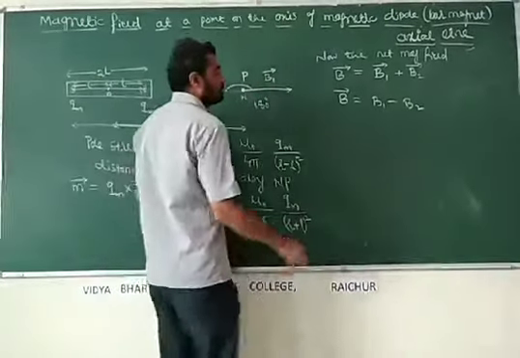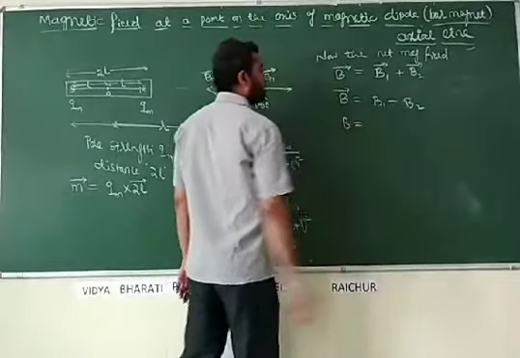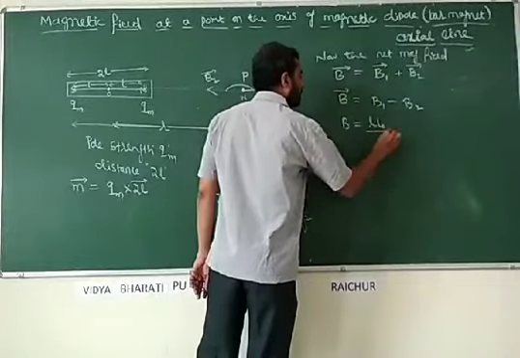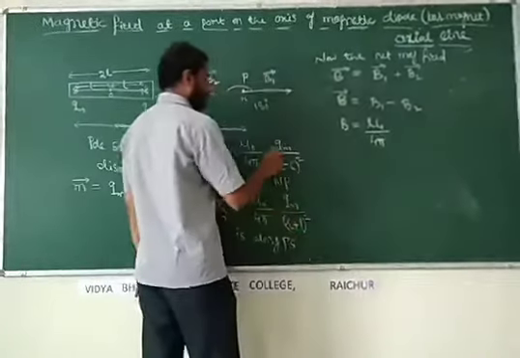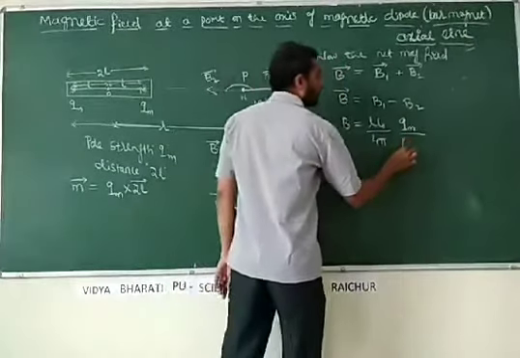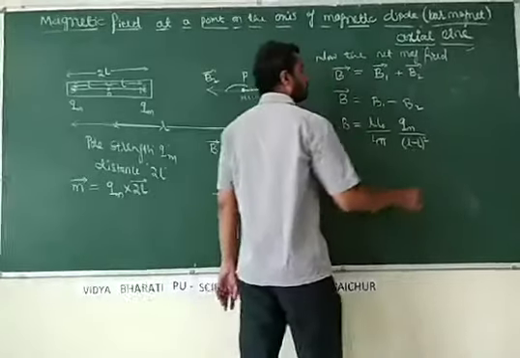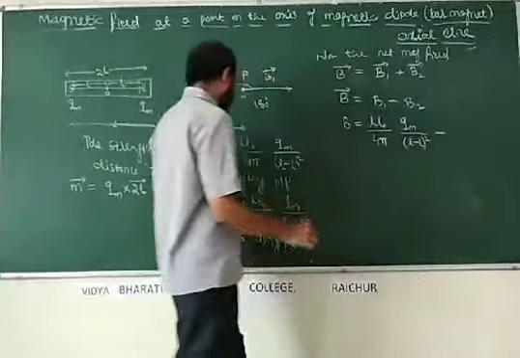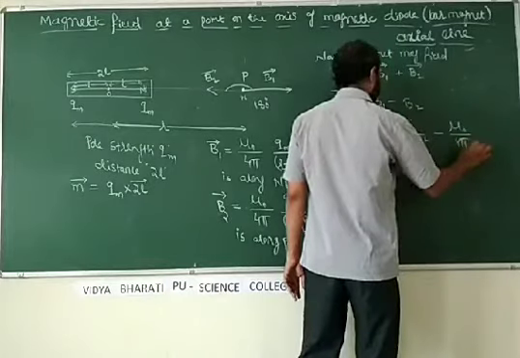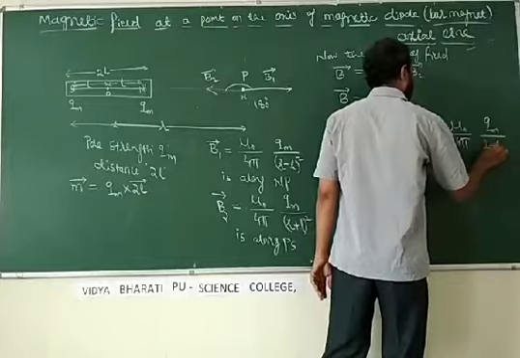B1 minus B2, and B is the resultant field. What is B1? Here it is mu naught by 4 pi, qm by (r minus l) whole square, minus B2, which is mu naught by 4 pi, qm by (r plus l) whole square.